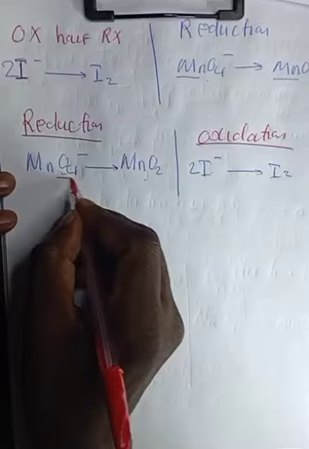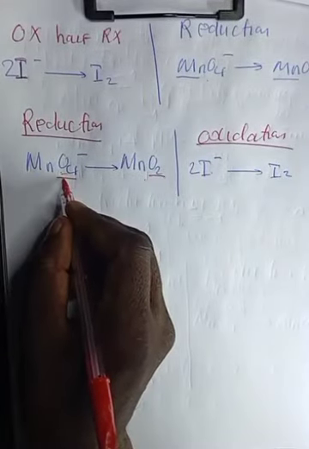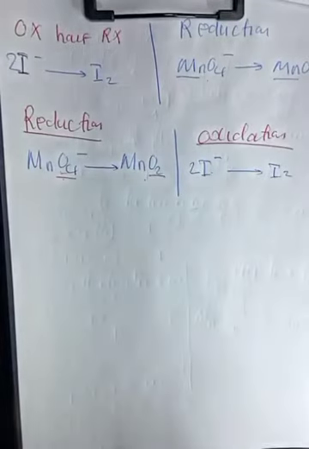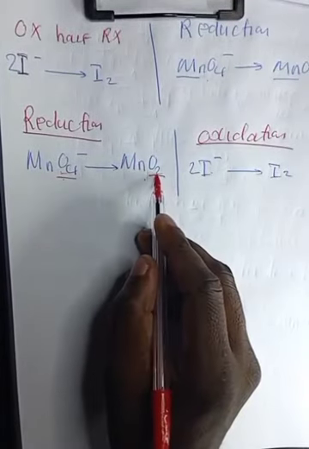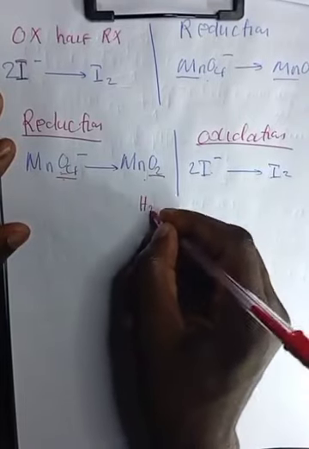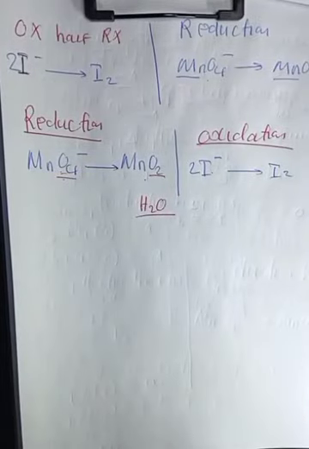So we have 4 oxygen here and 2 oxygen here. So to the reactant side, we have more oxygen. To the product side, we have less oxygen. And we know that we need 2 more oxygen here to become 4. So in water molecules, how many oxygens are present? It's 1 oxygen, right?